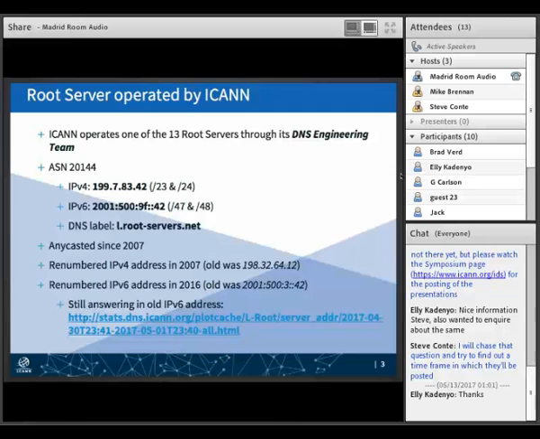The root server that we're operating in ICANN is currently operated by the DNS Engineering Team, which I belong to. We're using AS number 20144 to propagate our routes, and we're using those two addresses that we have here on our screens.